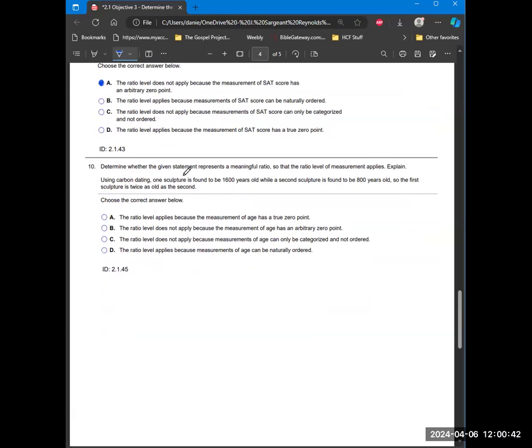Determine whether the given statement represents a meaningful ratio so that the ratio level of measurement applies. Using carbon dating, one sculpture is found to be 1,600 years old, while a second sculpture is found to be 800 years old. So the first sculpture is twice as old as the second. Yeah, that makes sense because the measurement of age does have a 0 point, so that's A.